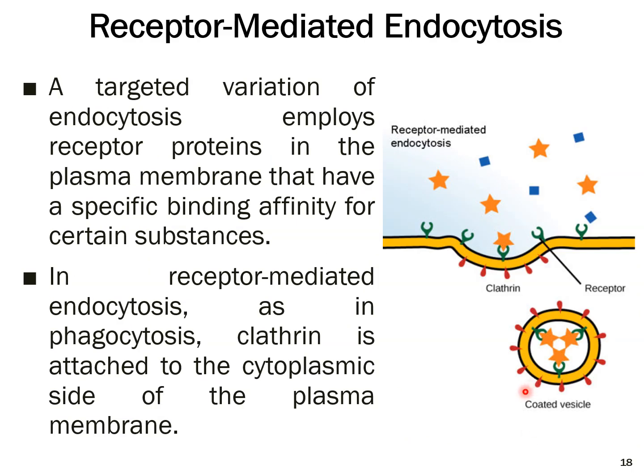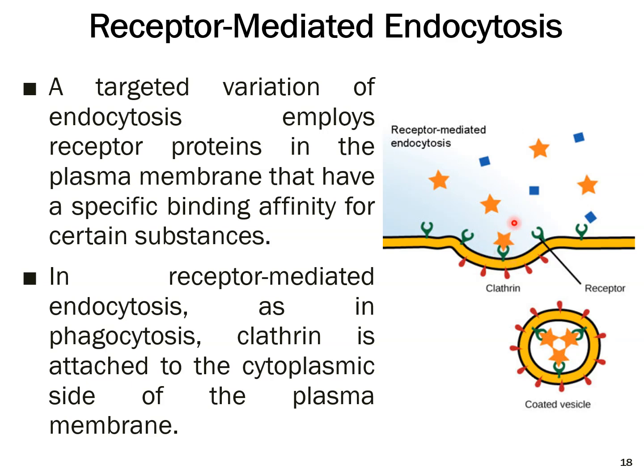The next one is receptor-mediated endocytosis. This targeted variation of endocytosis employs receptor proteins in the plasma membrane that have a specific binding affinity for certain substances. You can see here the green ones, which have specific affinity to bind with certain substances.